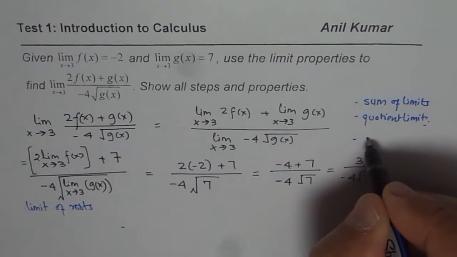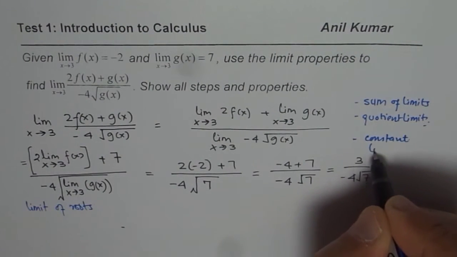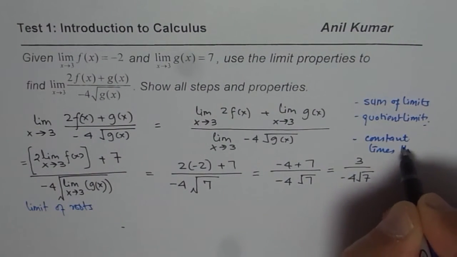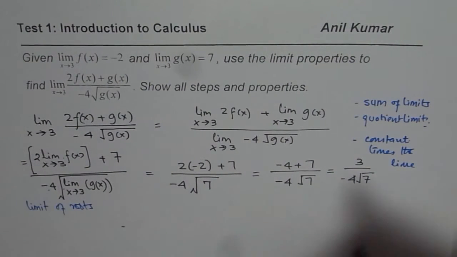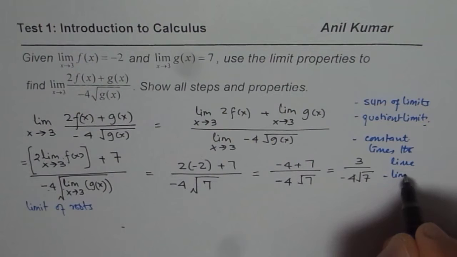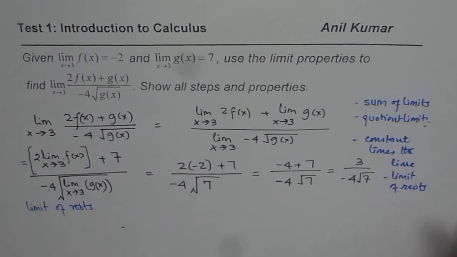So constant times the limit, this is the rule which we applied twice, and then we applied the limit of roots, or radical. So these are the different properties of limits which we applied to solve our question, and then we substituted the limits as you have seen.